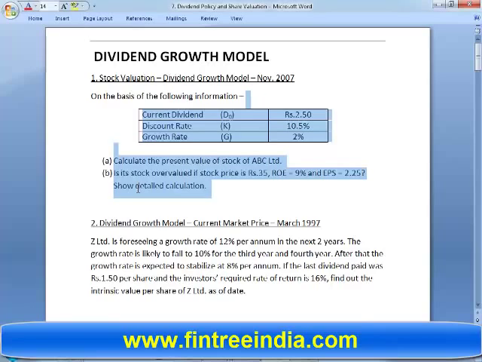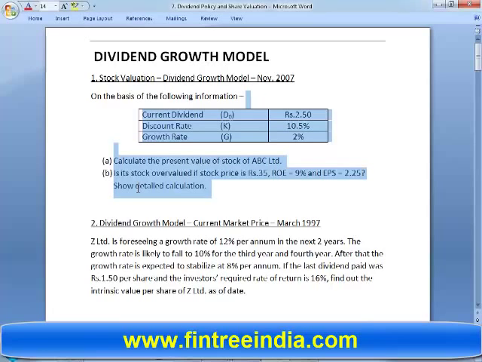Then part 2 of this question. Comparison based on earning yield approach. Okay.